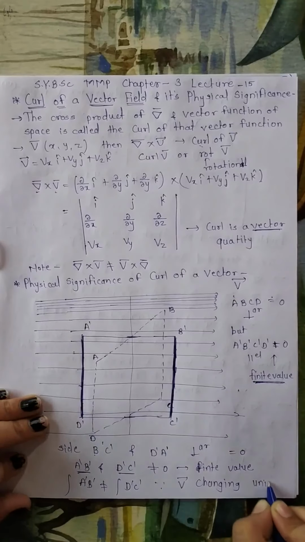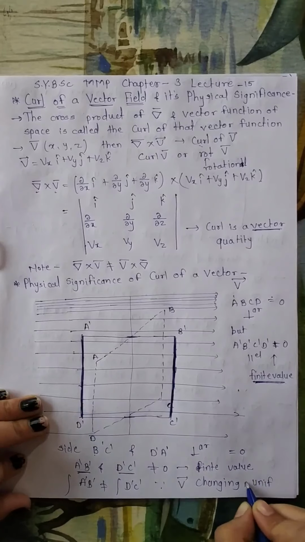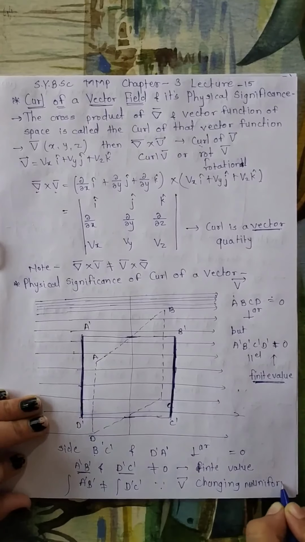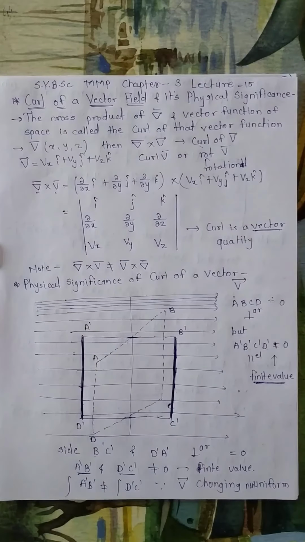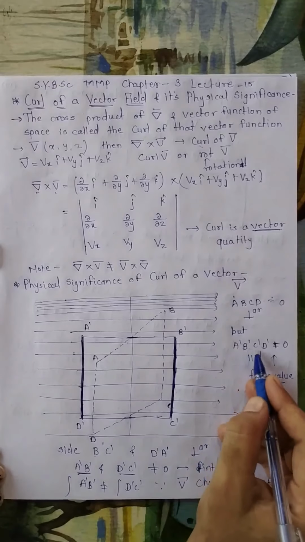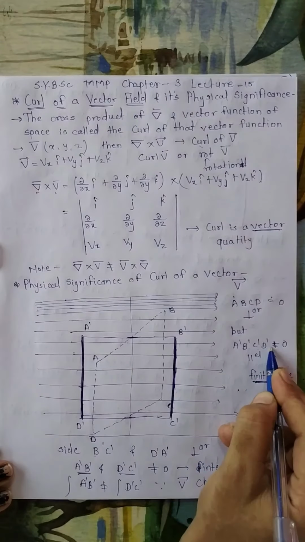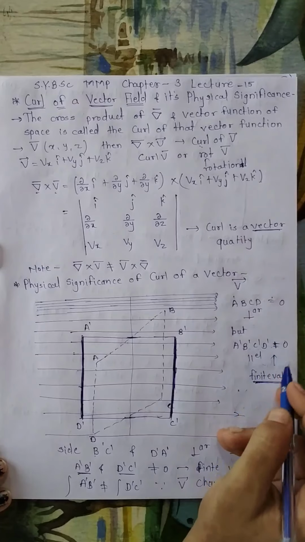That is, our field is a non-uniform vector field, due to which these values are different. So the line integrals along A dash, B dash and C dash, D dash will not cancel each other. Thus, in the position of A dash, B dash, C dash and D dash, the line integral will have some finite value.